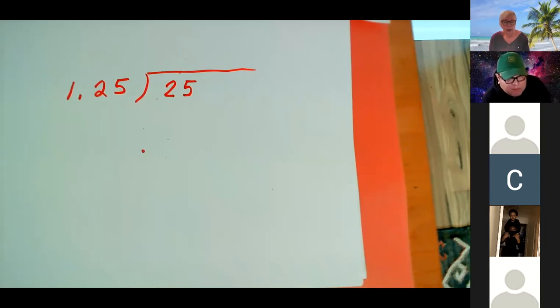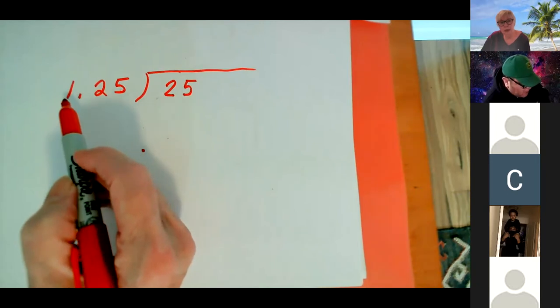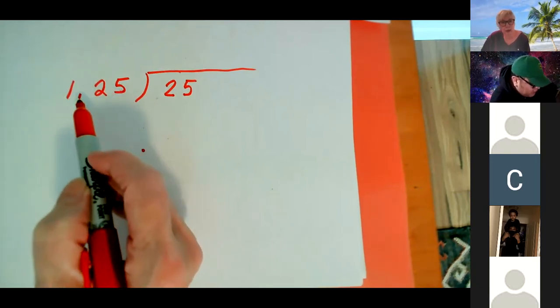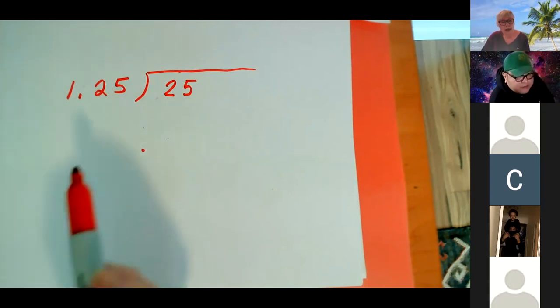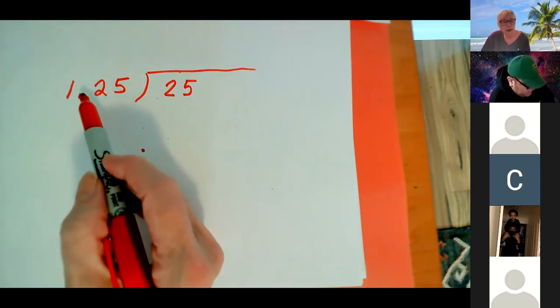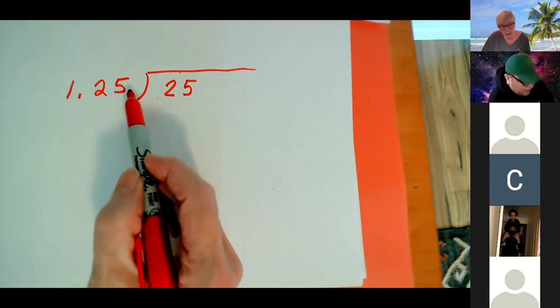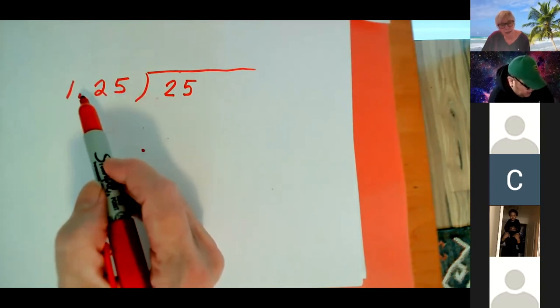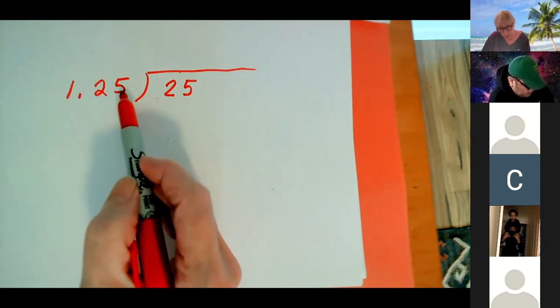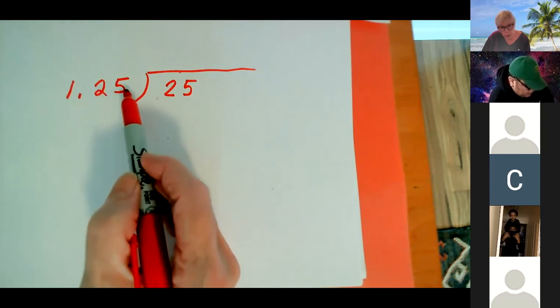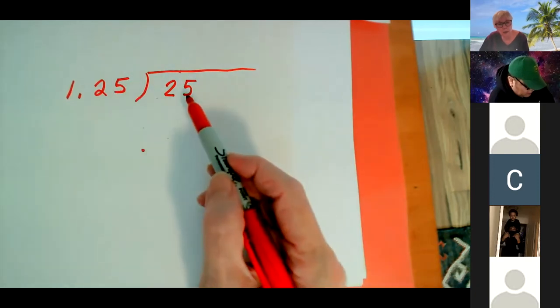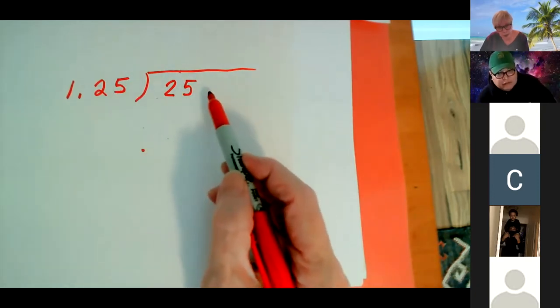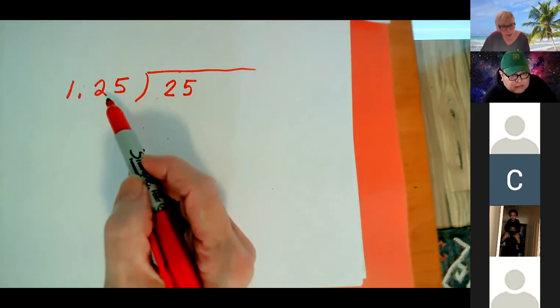Well, this is different. Dividing with a number that has a decimal in it needs to be corrected. And so what we will do is move this over 2 places. This is the same thing as multiplying by 100. 1, 2. But you can't multiply one number by 100 and ignore this. So fair is fair.